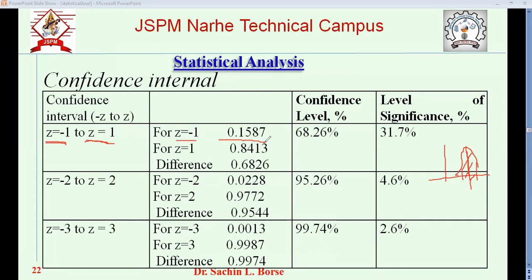Write down that value. We will get from the table how much you are getting.